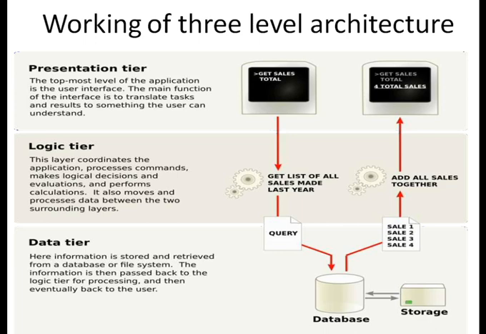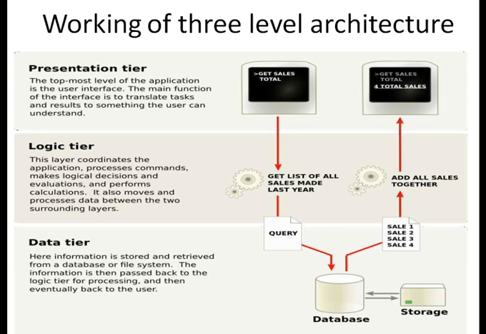Again I repeat, at the top level of the application is the user interface. The main function of the interface is to translate the task and result into something the user can understand. The logical tier coordinates the application, processes commands, makes logical decisions and evaluations, and performs calculations. It also moves data between the two surrounding layers. The data tier is based on the database and storage systems.